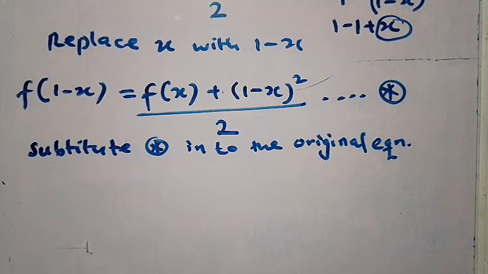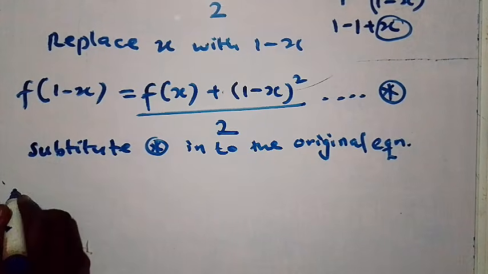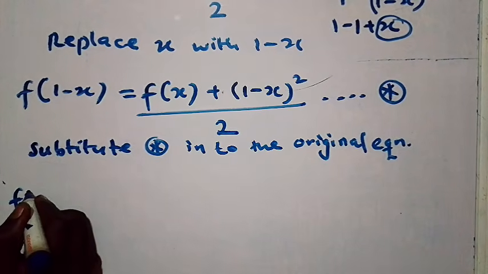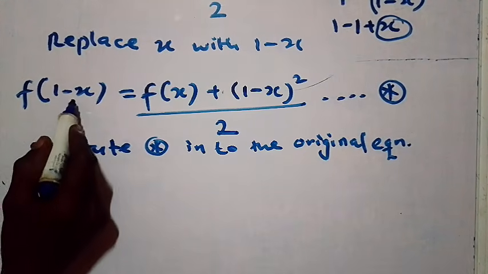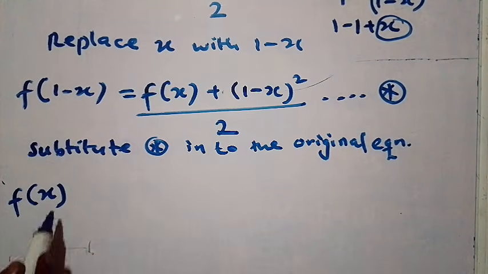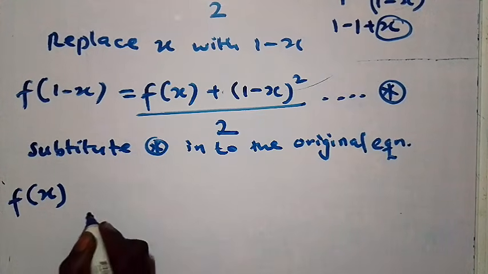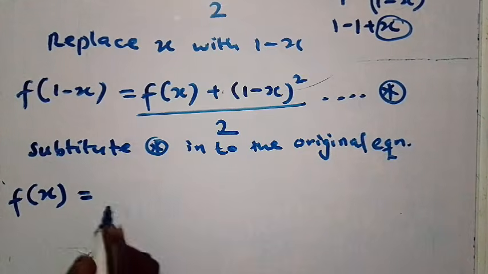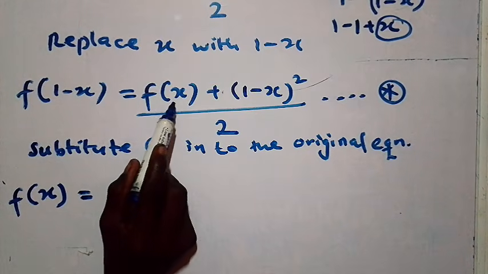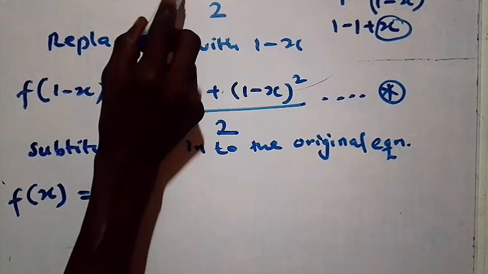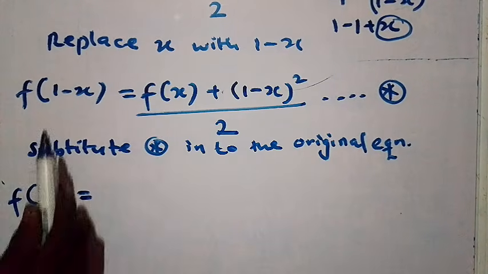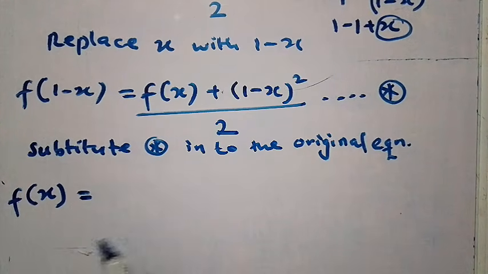From the original equation, we have f of x equals f of 1 minus x plus x squared, everything divided by 2, and f of 1 minus x is equal to this.